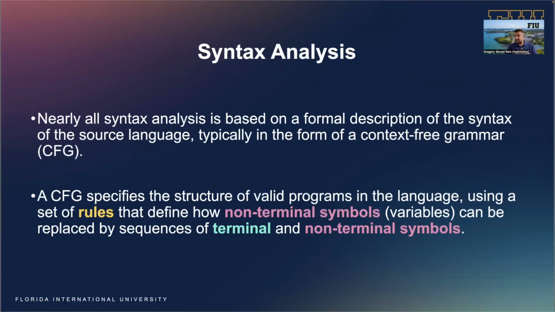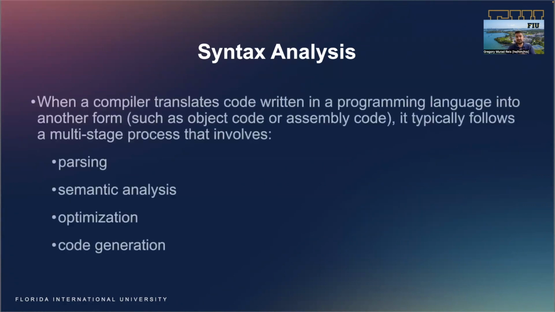The most important component of context-free grammars is the set of rules that we have to generate the languages. We have variables, and we have the terminals, similar to the characters we had in DFA and NFA. Before we get there: when a compiler translates your code into another form that the machine will understand, it involves parsing, semantic analysis, optimization, and finally code generation.